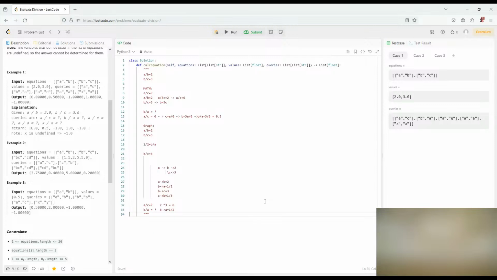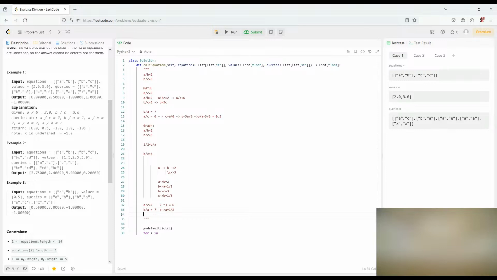Okay, let's quickly implement the same. So first we have to create a graph, maybe with the default dictionary. So G will be a default dictionary of lists. Then for E in equations, we have to create this graph.